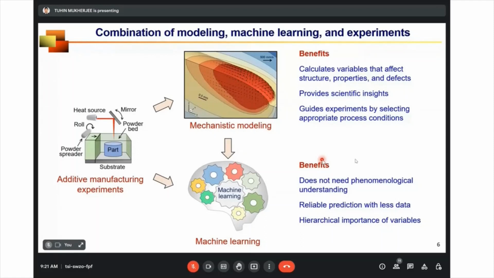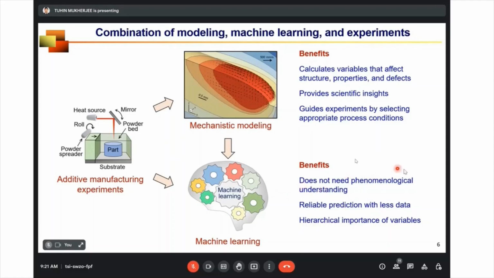We can take variables from experiments, like process variables and alloy properties, and calculate some variables that we know for sure from mechanistic modeling, and then train machine learning algorithms like neural network, random forest, decision tree, and so on.